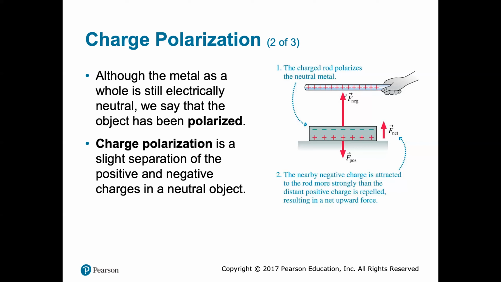So the attractive force is bigger and the repelling force is smaller, and the net force is attractive. That's why you can use a charged rod to pick up or attract neutral pieces of objects.